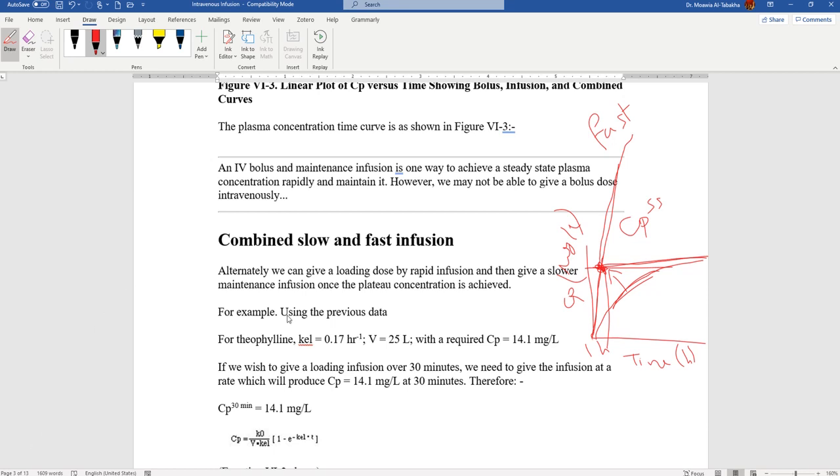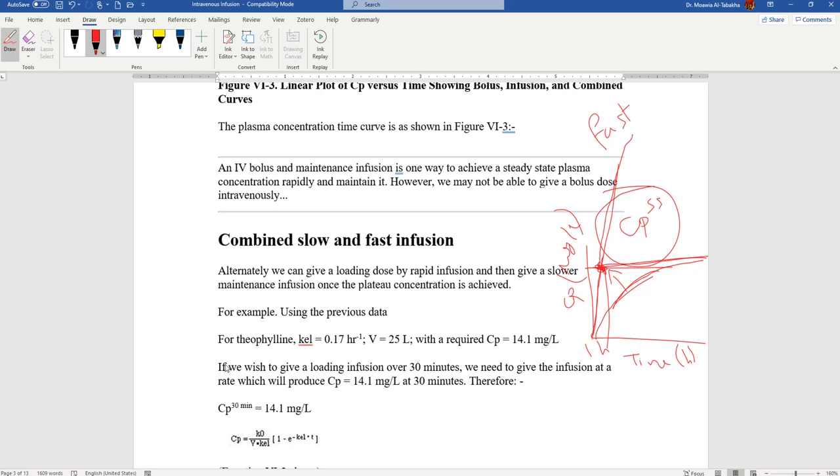What I need to know is what is my target CPSS and how fast I need to reach it. Okay, half an hour, 1 hour. Then I will start the fast IV infusion. Once I reach my CPSS in the specified time, I will slow the IV infusion just to maintain the CPSS.